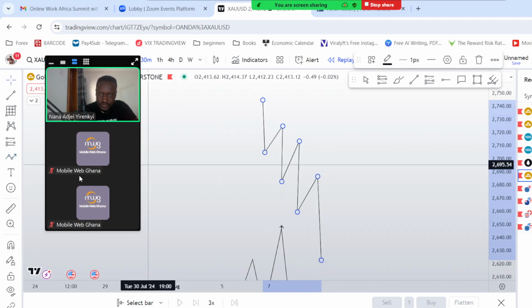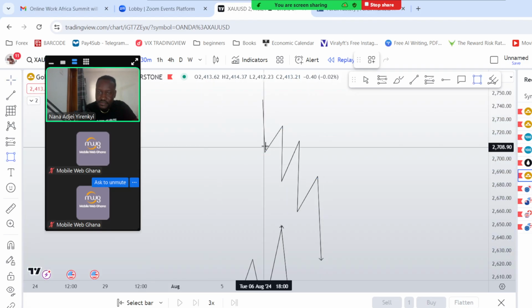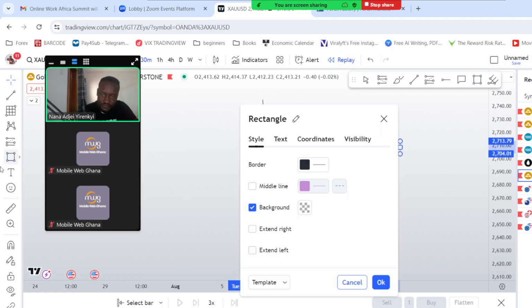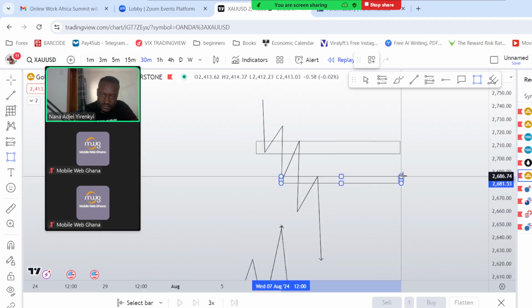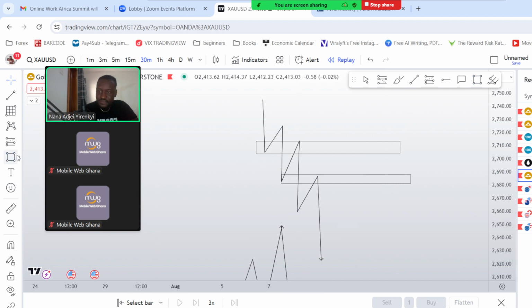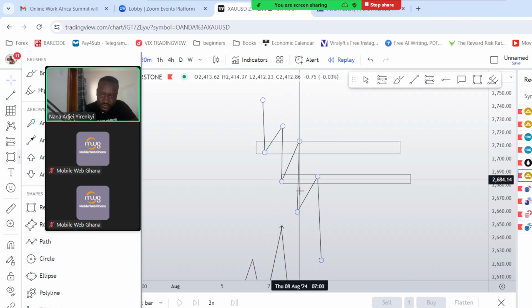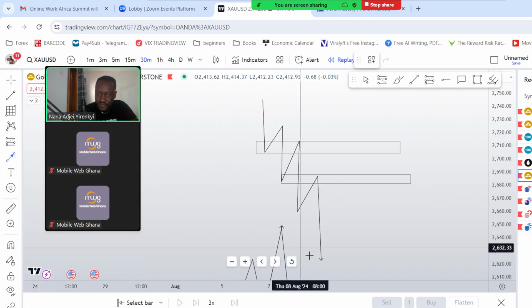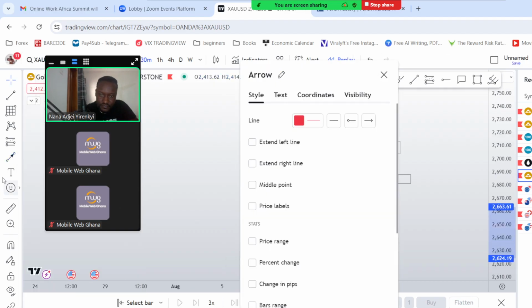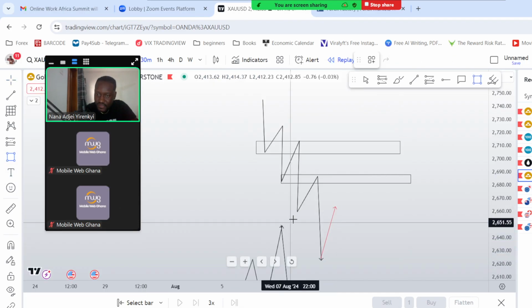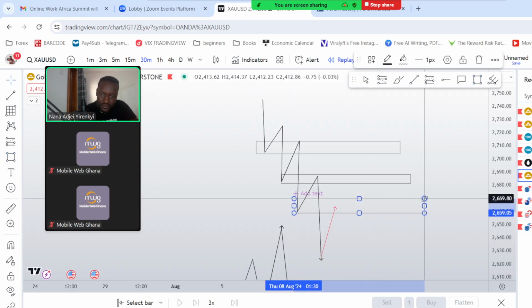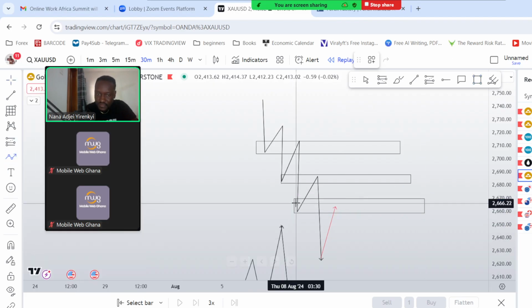I just marked out a downtrend, and then maybe I marked out a resistance area like this. So all these are resistance areas. You can see the price bounced off, pushed down, bounced off, pushed down. It comes back again, bounces off another resistance area, and then it pushes down.